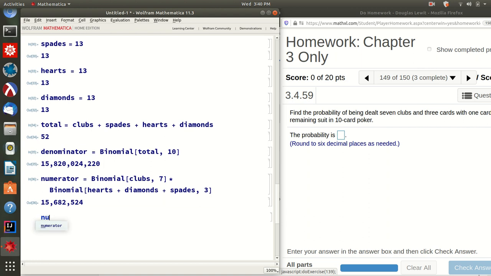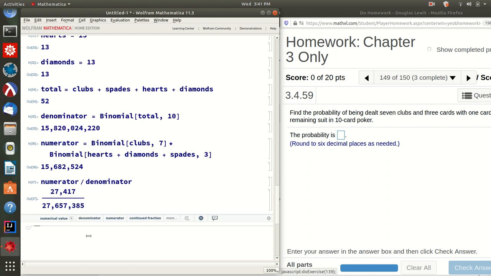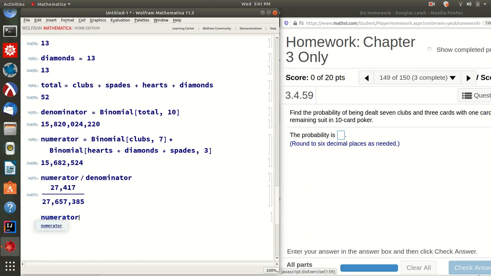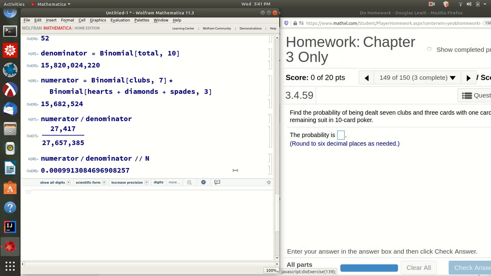So why don't I simply divide those numbers, numerator divided by denominator. Again, I'm getting a rational value, and I want a floating point value rather than a pure rational value. So I apply the N function, and the probability is rounded to 6 decimal places as needed.